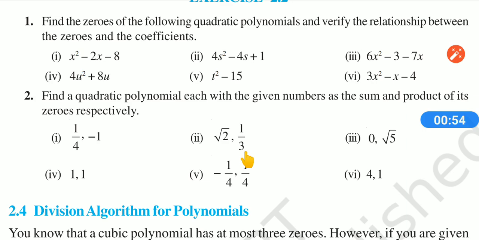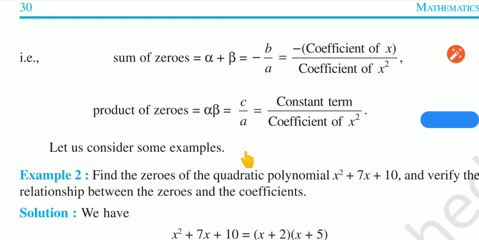So yesterday you learned the relationship between zeros and coefficients. Let's move to that relation and solve this sum. Okay, children, what is the relation? Sum of zeros: we are assuming alpha comma beta are zeros, no? So sum of zeros means alpha plus beta, how much? Minus b by a. You have to remember this relation. Minus b means minus coefficient of x, by a means coefficient of x square.